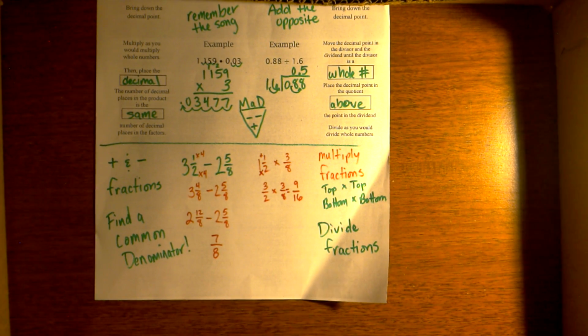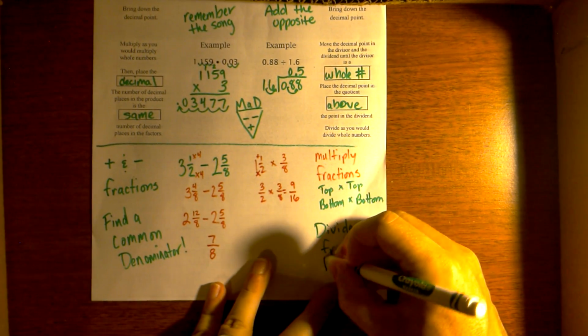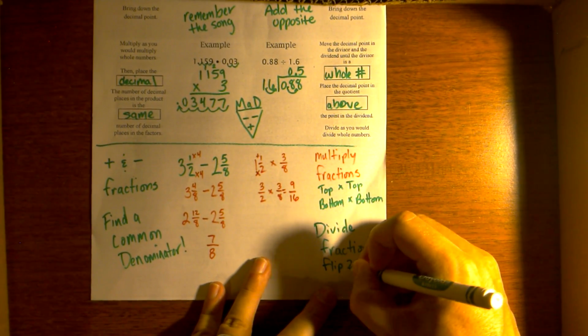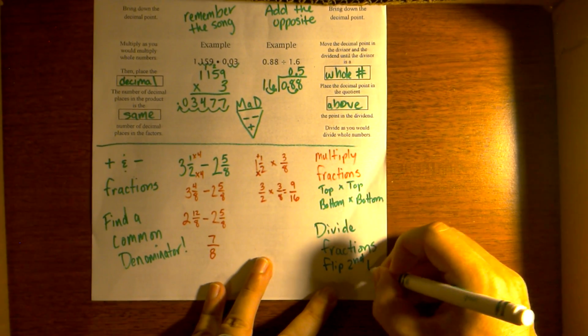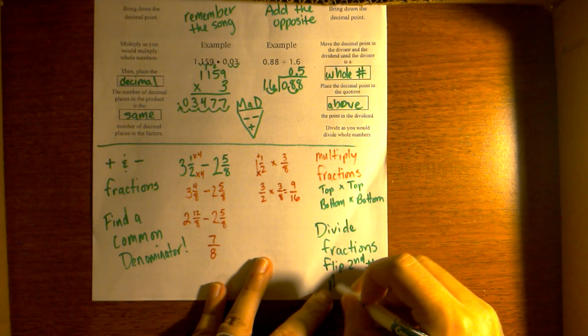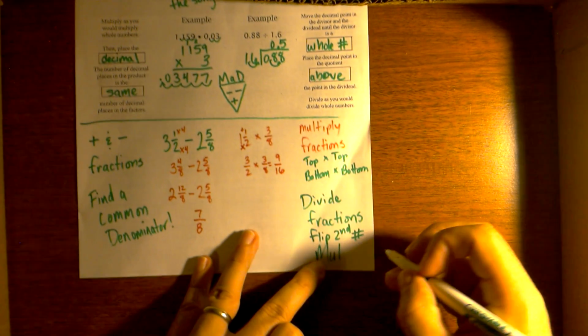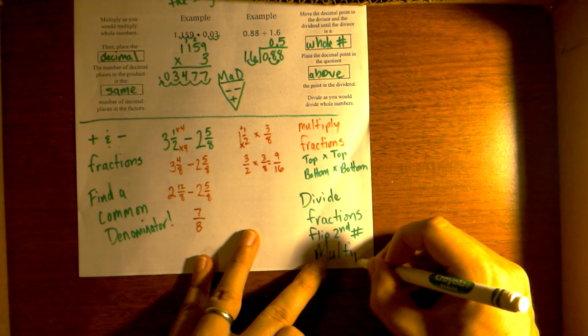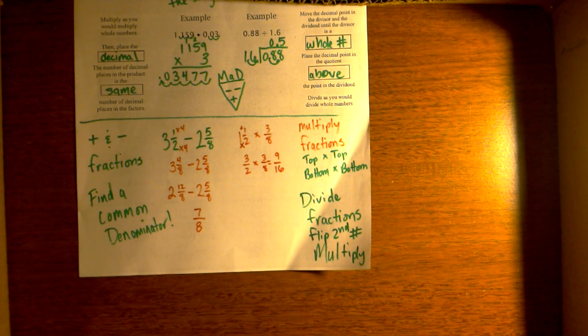Now, dividing fractions, just a little bit more difficult, but not much. Dividing fractions is you flip the second fraction, and then multiply. So we're going to flip the second number and then multiply. Give you an example.